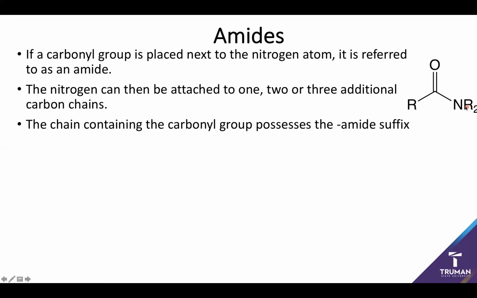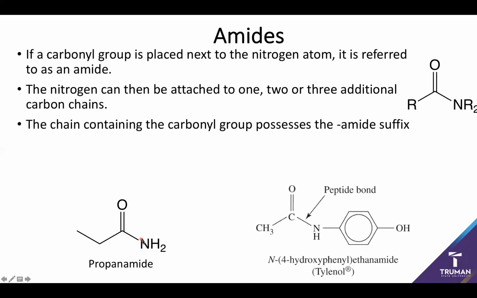The chain containing the carbonyl group is going to be our amide, no matter its length, and everything else will be referenced based on the N-alkyl nomenclature. So one example is propanamide. Again, we don't need to designate what carbon the amine occurs on, because it's always going to be terminal.